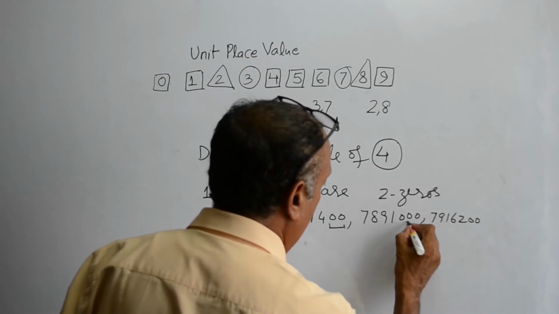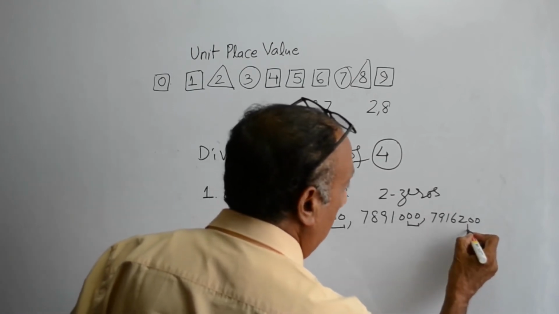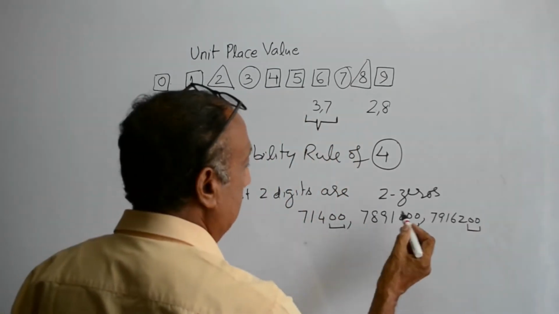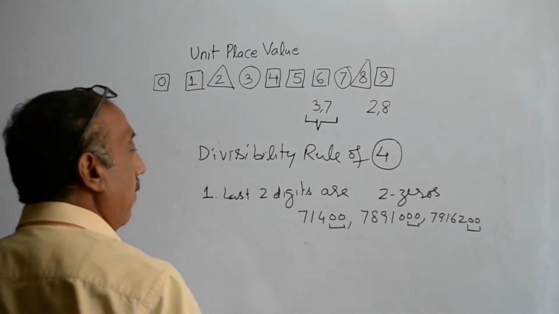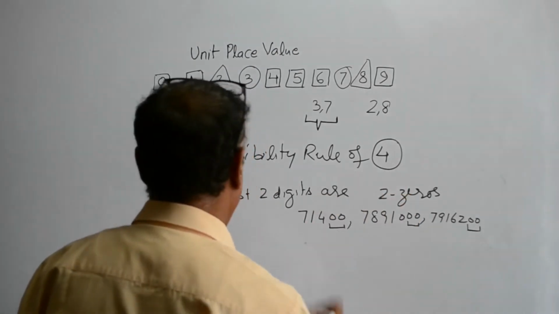All these numbers have last two zeros, so all these numbers are divisible by 4.